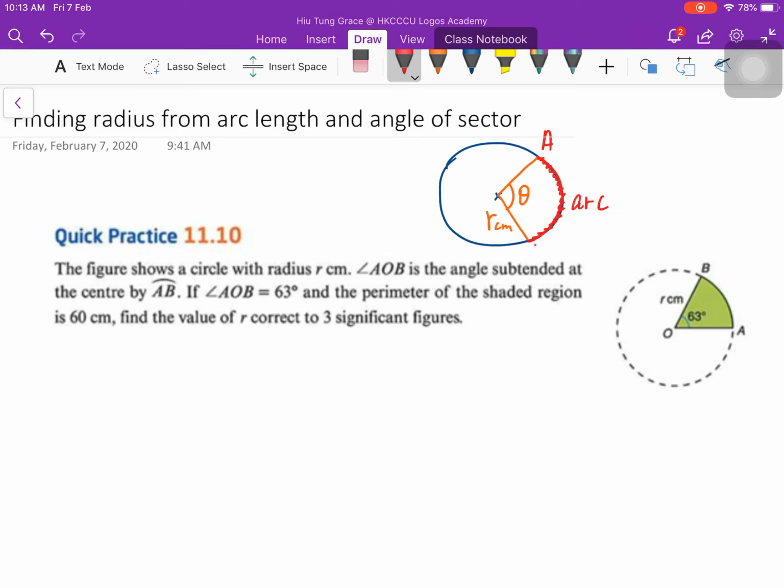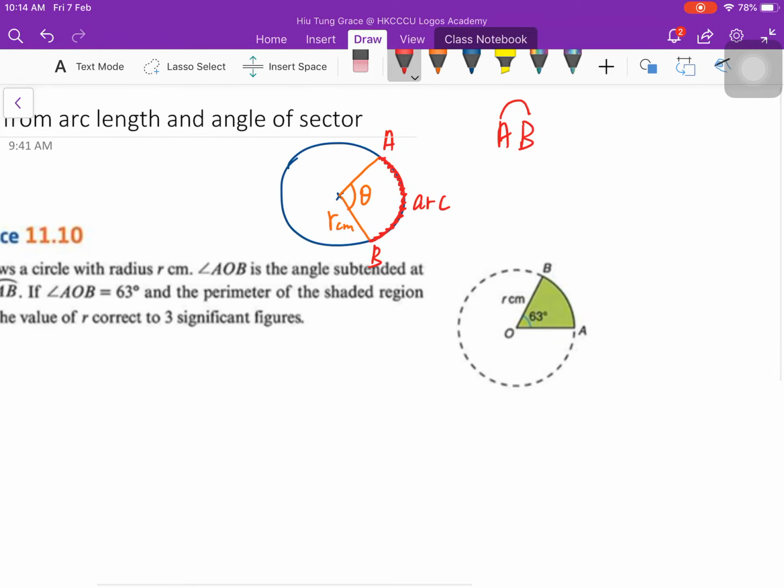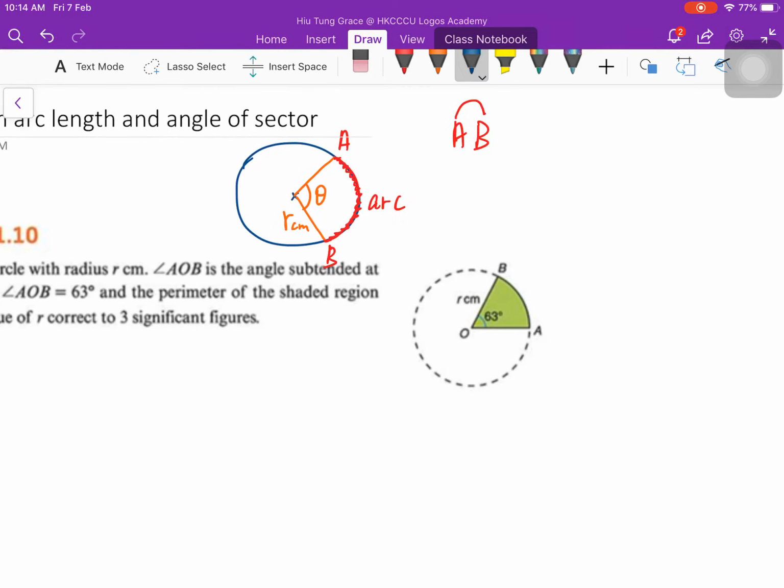So for this arc, we can name it just arc AB by writing down the word arc, or we can also use the symbol AB with an arc symbol upon it. The arc length is like when we find the circumference of the circle, 2 pi r.